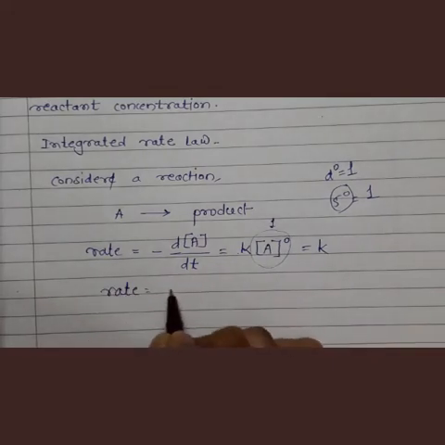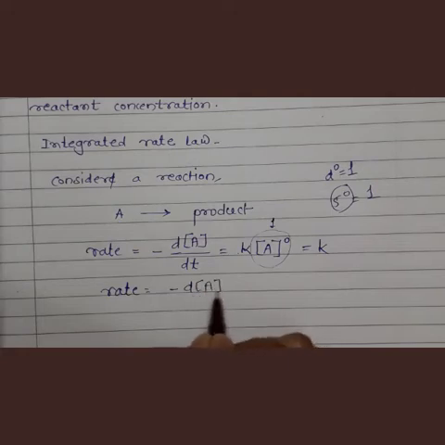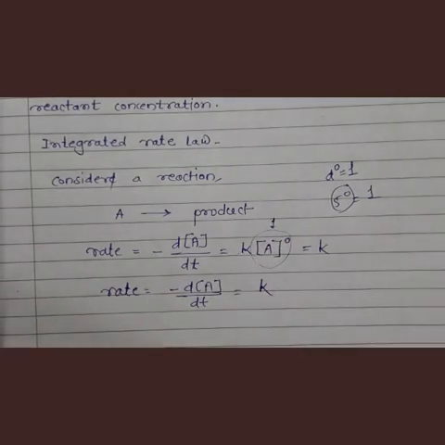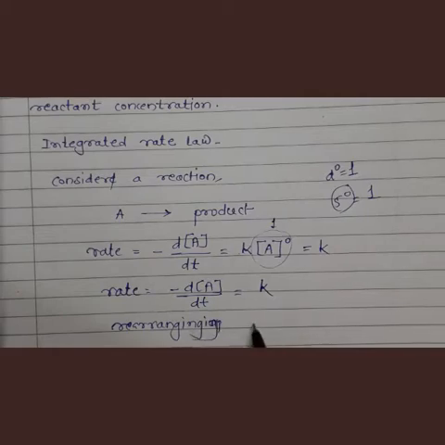Rate is equal to -dA/dt is equal to k. This term will become 1, k times 1 is k. Up to here you understand. Now we have to rearrange this rate law. So, rearranging equation number 1.